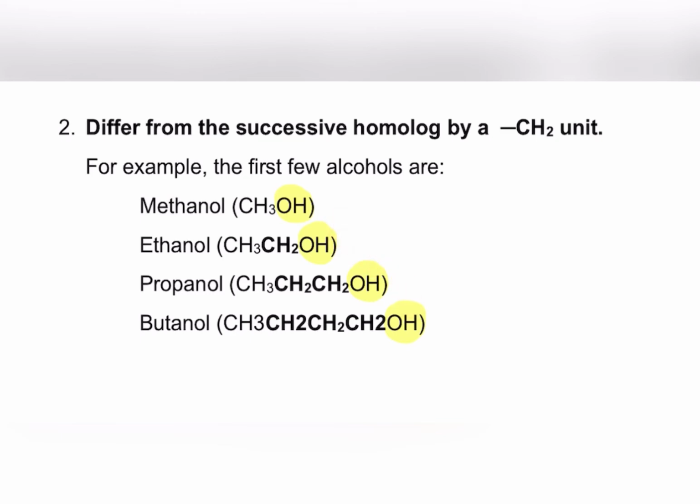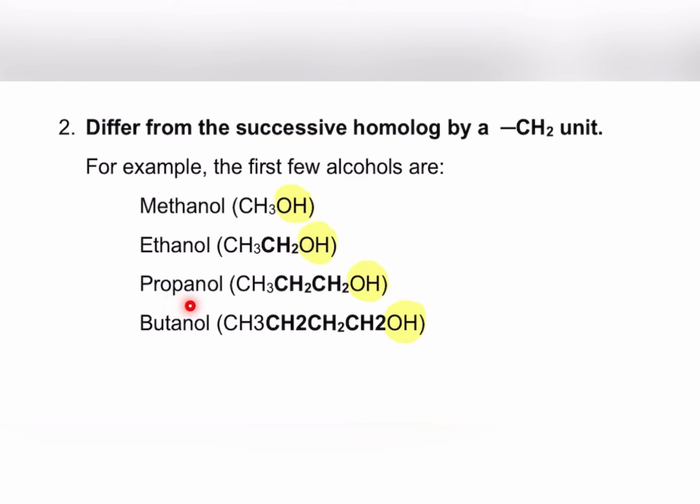For example, we have methanol with one carbon atom, continued with ethanol with two carbon atoms, and you can see that there is an increase of carbon atoms by a CH2 unit for ethanol.